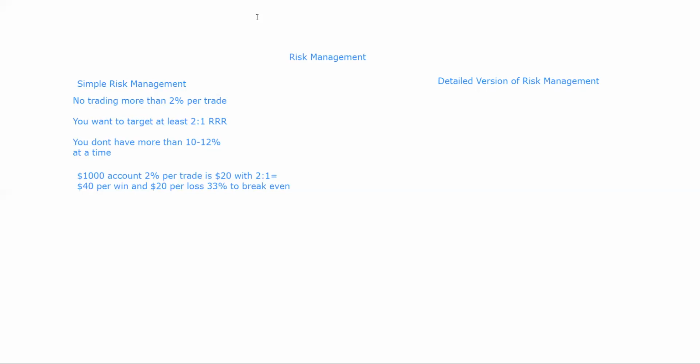So when it comes to the detailed part of risk management, you need to know what your risk percentage is. So if you're risking 2% per trade, that would be the number for that. So risk percentage per trade.